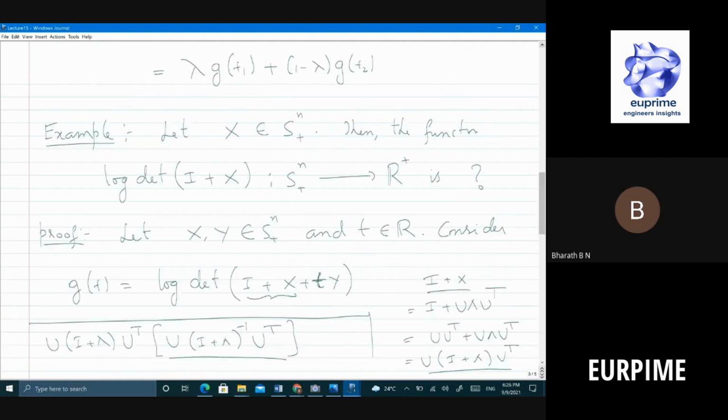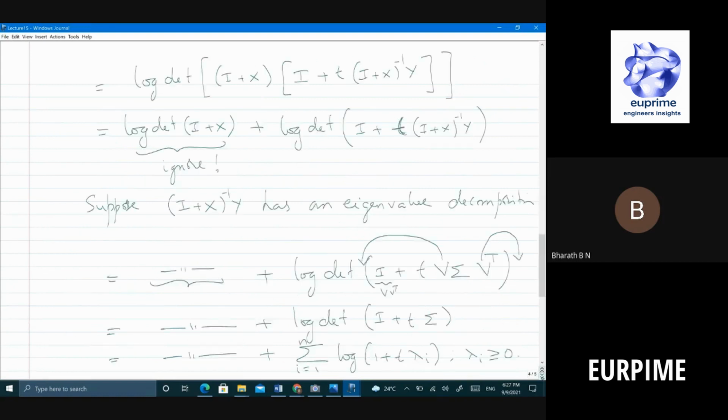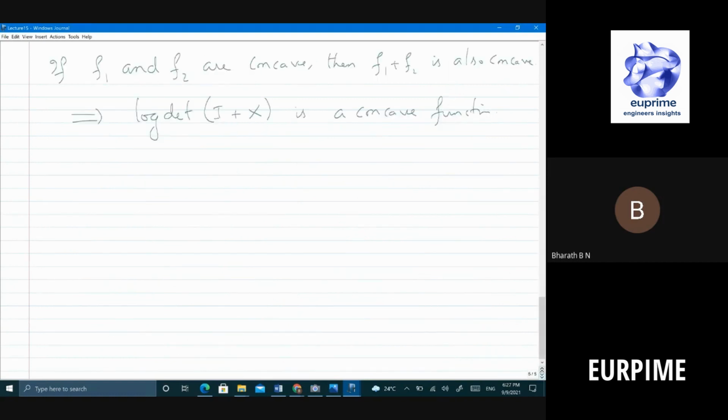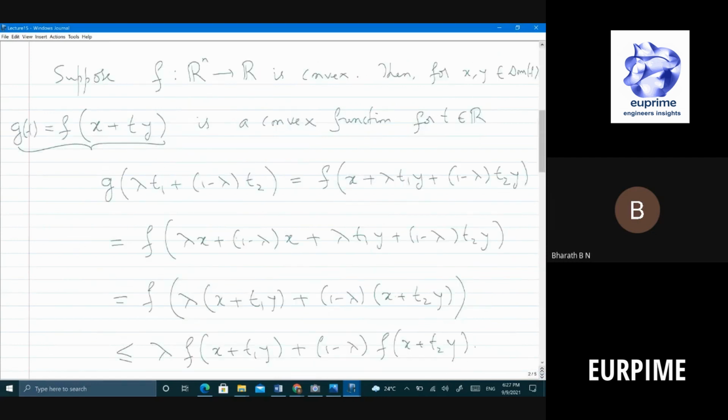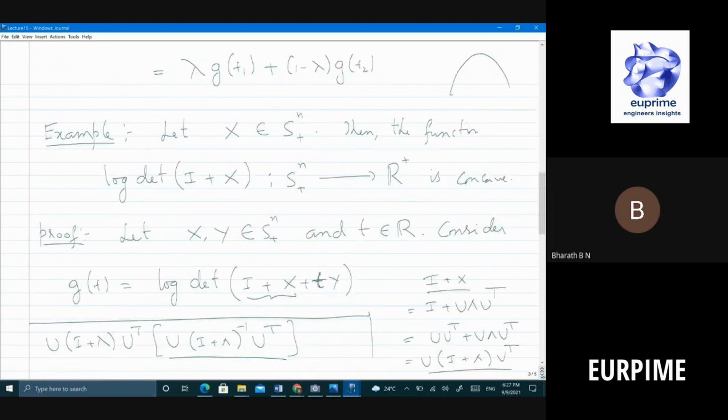So let me just write this. Instead of the question mark, we have concave. Concave looks like this, convex looks like the downward. This is a nice thing to look at, right? So let's go back and see what we did.